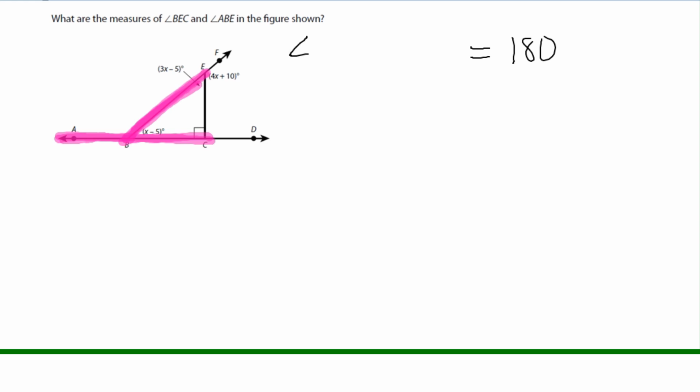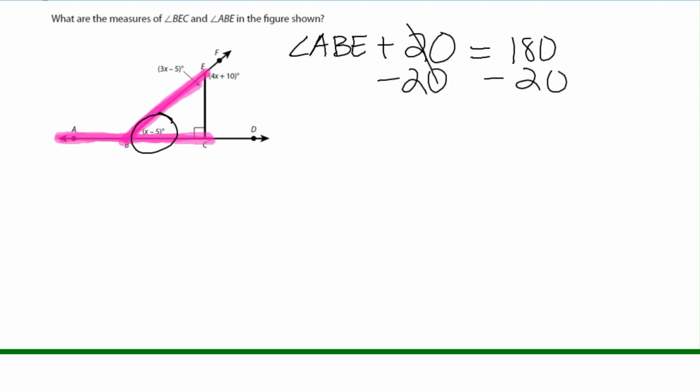We don't know the measurement of angle ABE, so we can just leave that as is, and then we can add the value of this angle. We know the value of x is 25, so 25 minus 5 is 20. So that value is 20 degrees. Now we can solve. We subtract 20 on both sides of the equal sign, so we're left with angle ABE is equal to 160 degrees.